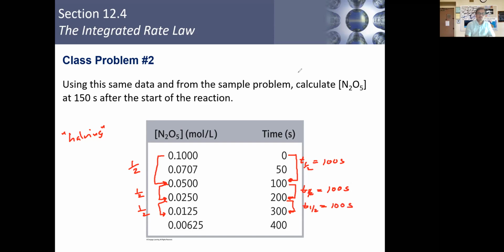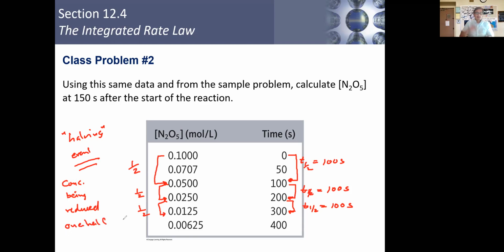Folks, each time the concentration gets reduced by 1/2, that's what I refer to as the halving event.